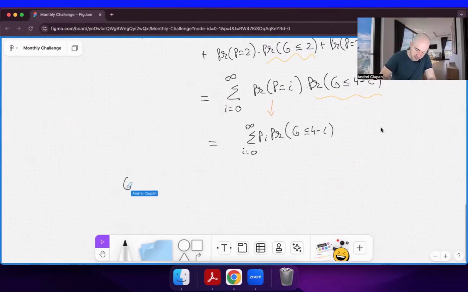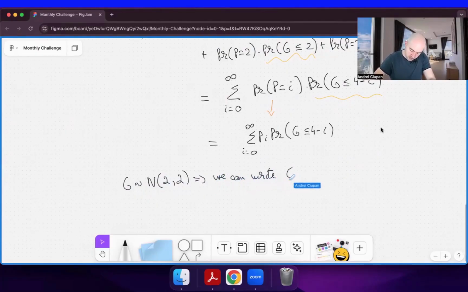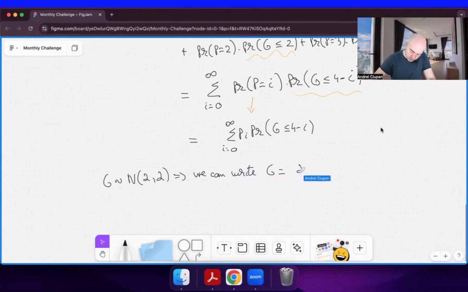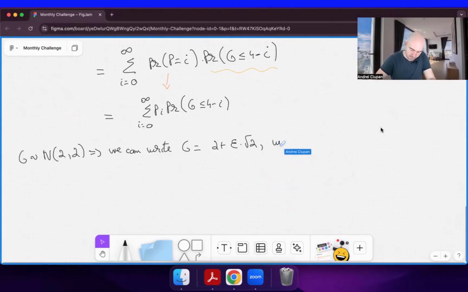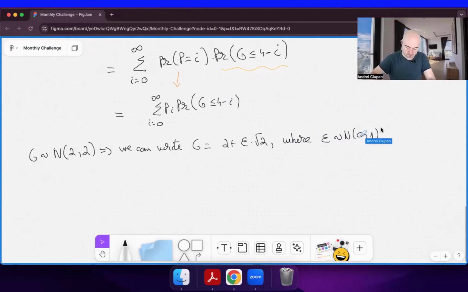The fact that G has the same distribution as a Gaussian with mean 2 and variance 2 means that we can write G as 2 plus epsilon times square root of 2, where epsilon is simply a normal 0, 1. It's a Gaussian with mean 0 and variance 1.